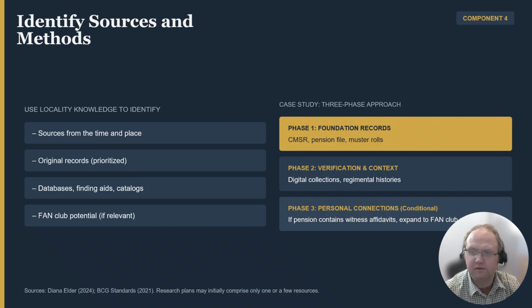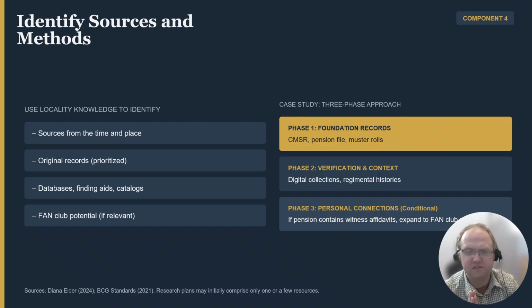Phase 3 was conditional. If petitions contained witness affidavits, I would expand, particularly to comrades. I would expand to FAN club research on the associates because I wanted to know more about his military service and his experience. So this demonstrated strategic thinking.